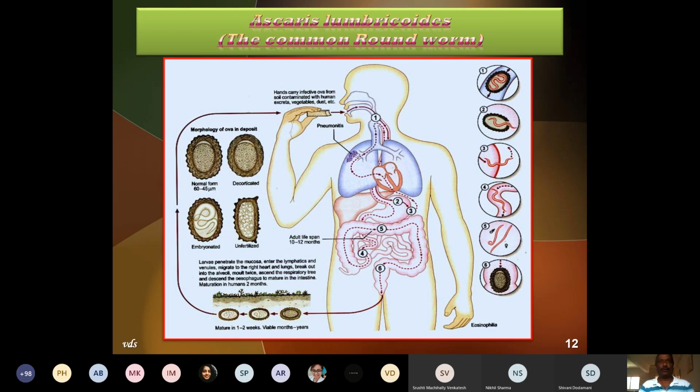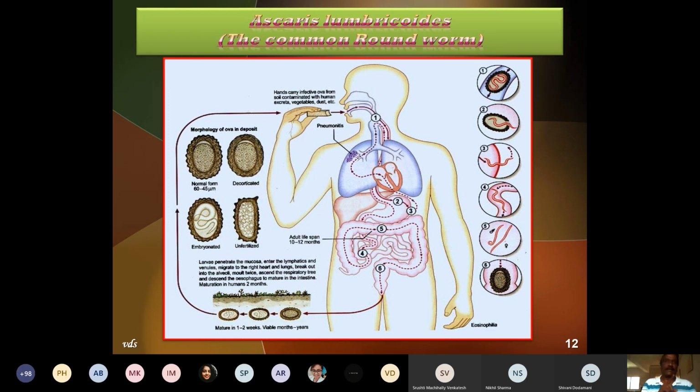Now, after two moltings in the lungs, this larval form enters the bronchi, then comes into the trachea, goes up to the larynx and pharynx, and later on it is re-swallowed from the esophagus.